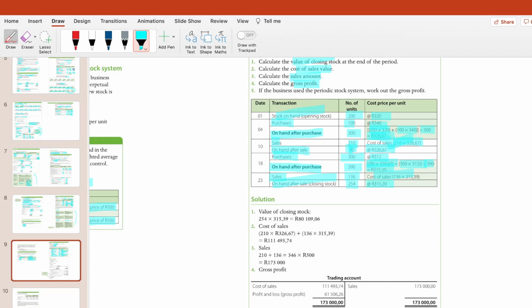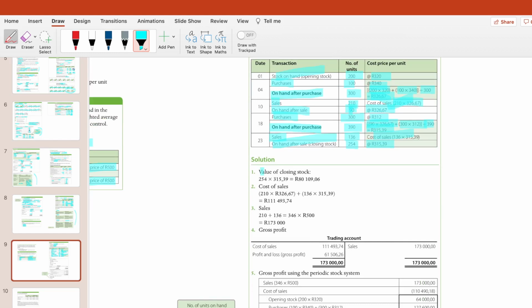So remember, we subtract again the 319 minus 136. Now we have to work out the value of the stock, closing stock. That is the 254 at 315 rand. So we multiply those two, and that gives us 80,109 rand and 6 cents.